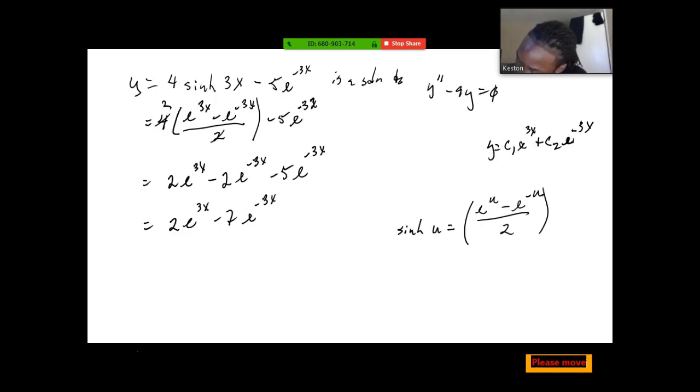Well, guess what? That's exactly like this form here. It's just C1 is equal to 2 and C2 is equal to minus 7. So sure, that is a solution because the only thing they did to mess it up is put that hyperbolic sine in, and if you just put the definition of hyperbolic sine in, you get the same form. I don't know what they were trying to show in that problem, but indeed, that's what you got.